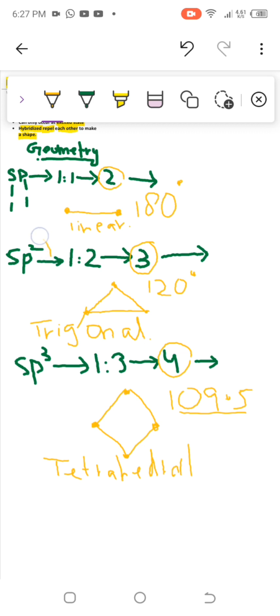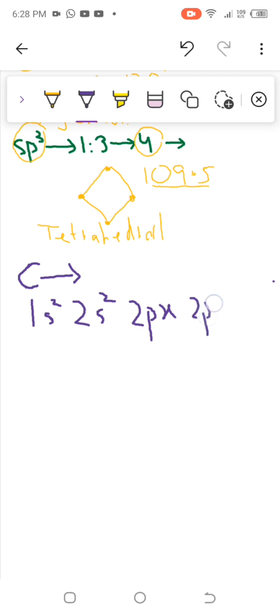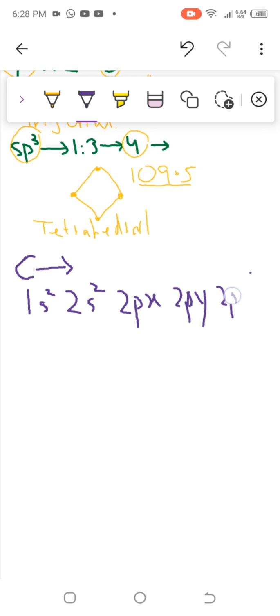Now these were the hybridized ones. Now let me tell you about the ground state and excited state. Okay. So here I'm going to tell you about the ground state. Suppose I take the carbon atom, right? The electronic configuration of carbon is 1s2, 2s2, 2px, 2py, 2pz.